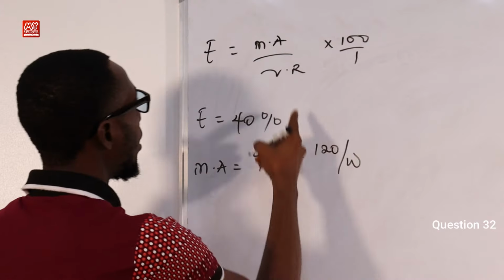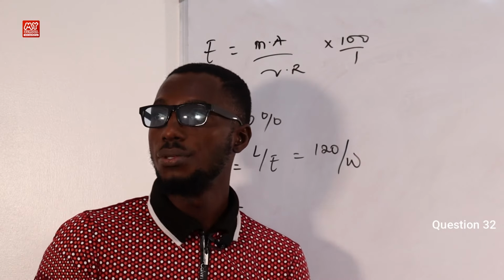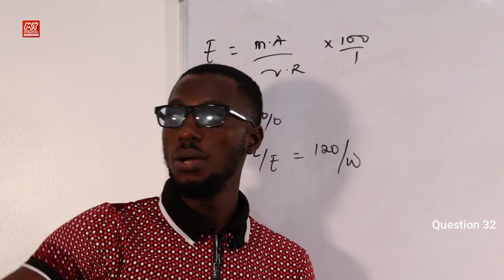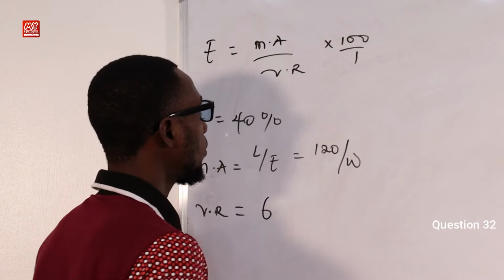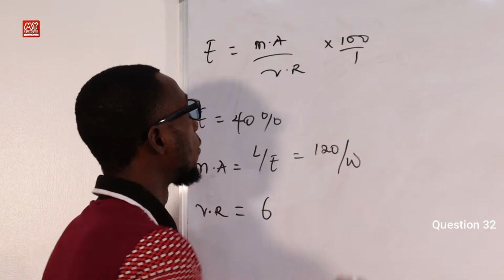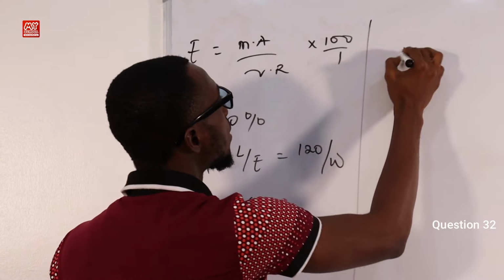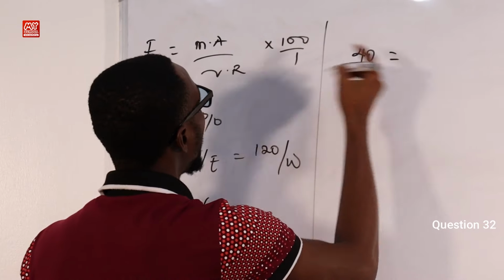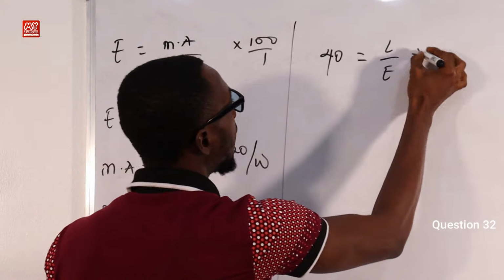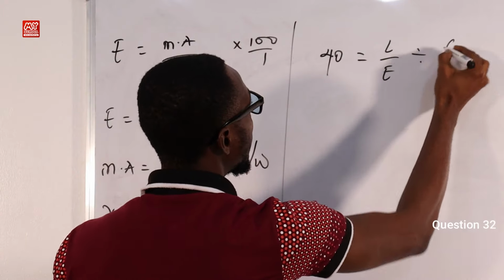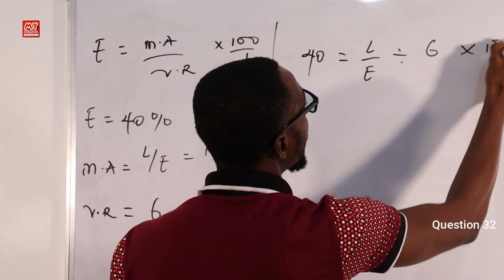Then we have our VR. Looking at the pulley system, when you count the fixed and the movable, 3, that is 6 in total. So let's slot in these values and provide an answer to the question. We have efficiency 40 equals MA, which is load over effort, divided by the VR, which is 6, times 100 over 1.